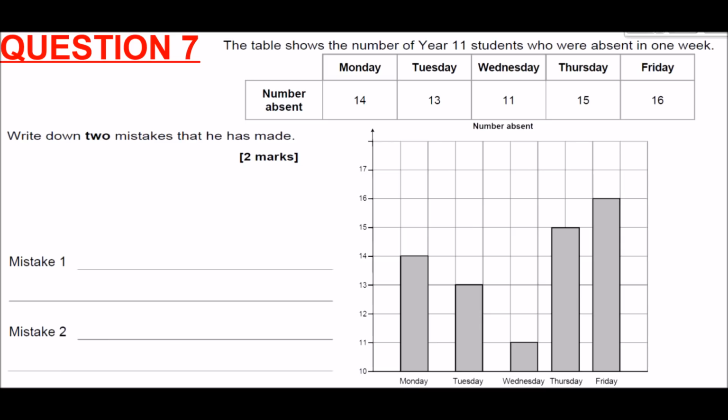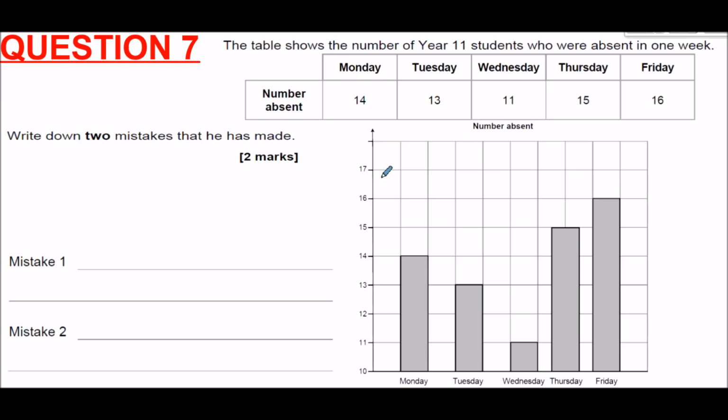Question 7. A table shows a number of Year 11 students who were absent in 1 week. And there's a bar chart that he's made. And we have to write down 2 mistakes that have been made with this bar chart. Now, you could say, if you wanted, that the scale on the y-axis hadn't started from 0.